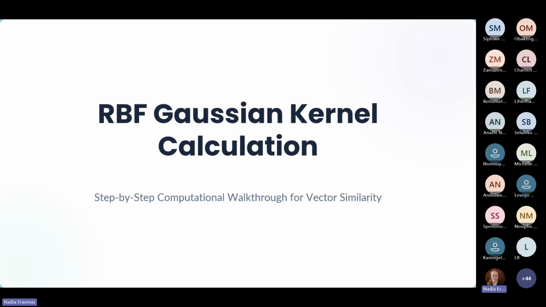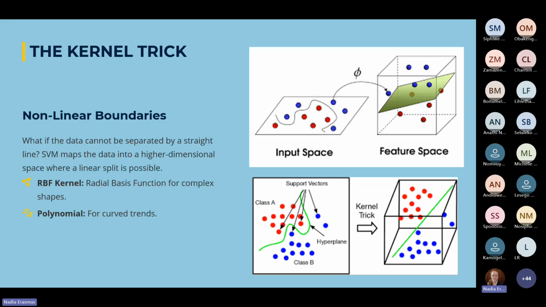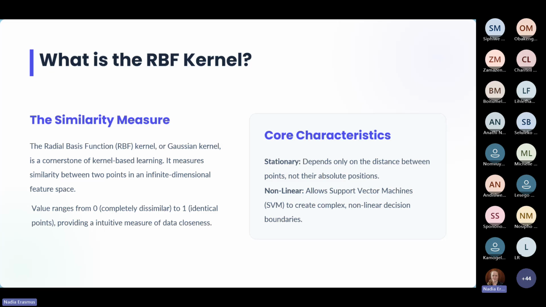For non-linear data, we're going to work with our kernels, and we're going to have a Gaussian function. So we are going to have non-linear boundaries. This is where the 3D model comes in as well. And you're going to have the radial basis function kernel, or a Gaussian kernel. Same thing, it's just a different name, depending on where you use it.